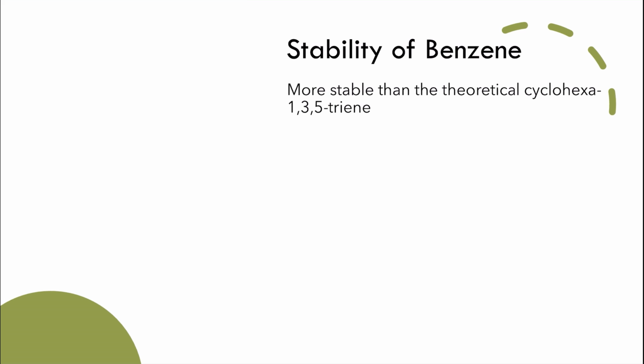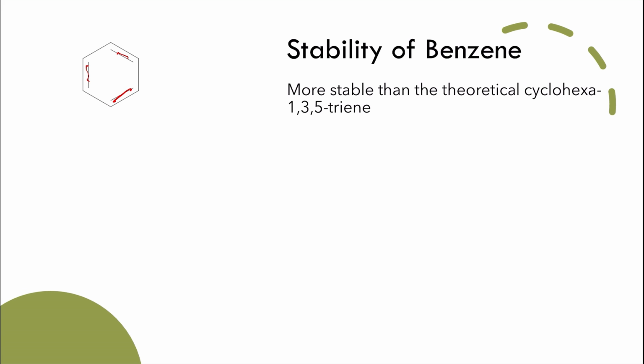The stability of benzene. Benzene is more stable than the theoretical cyclohexa-1,3,5-triene. So this is the theoretical compound, which is cyclohexa-1,3,5-triene. This is the cyclohexane ring with 3 double bonds. They have alternating single and double bonds, which is not actually a compound because the actual compound is benzene.